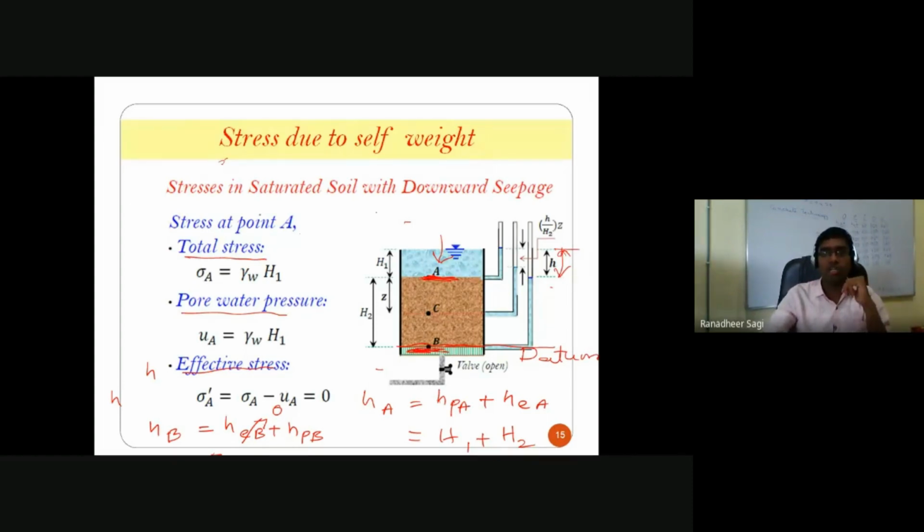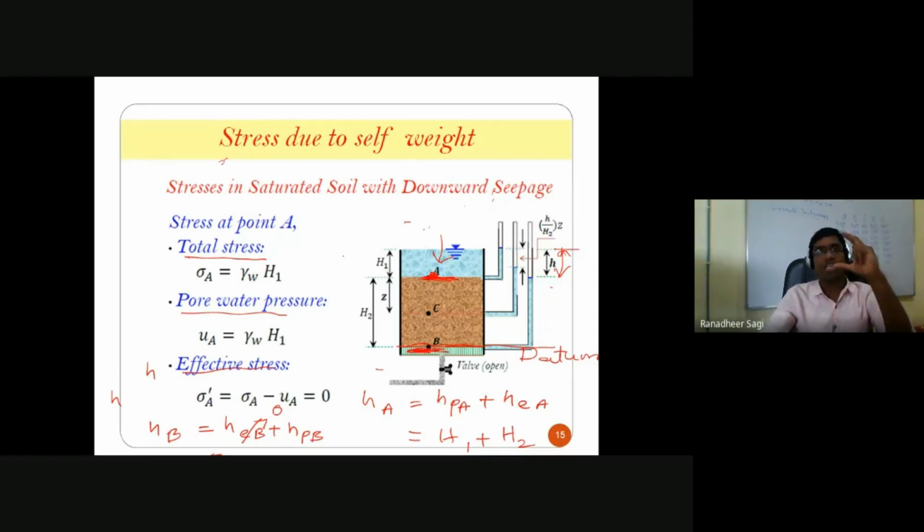Now, at point A, with reference to the position of point A, here is my position of point A. What do I have above this point A? It is simply water. Because of the weight of the water, or the mass of the water existing above point A, I am going to see the effect of stress, the so-called total stress at point A. So how much is my total stress at point A?